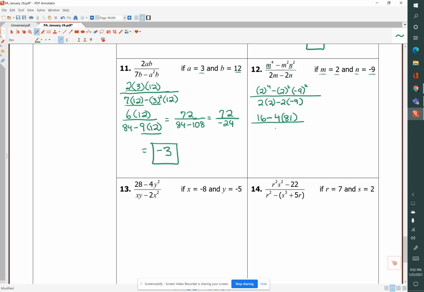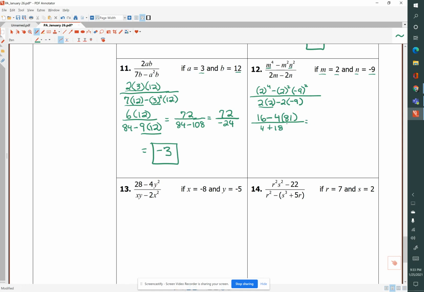In the denominator, we have 2 times 2, which is 4, minus 2 times -9. So -2 times -9 is positive 18.